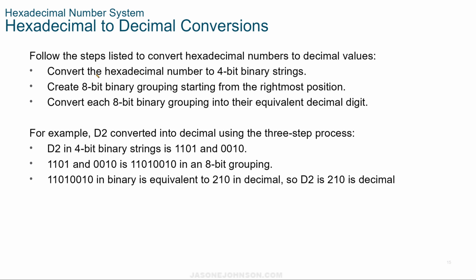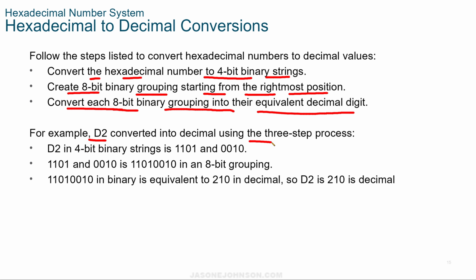If we follow these steps to convert hexadecimal numbers to decimal values, we convert the hexadecimal number to 4-bit binary strings. We create an 8-bit binary group starting from the rightmost position, and then we convert each 8-bit binary grouping into its equivalent decimal value. For example, D2 is converted into decimal using the 3-step process.